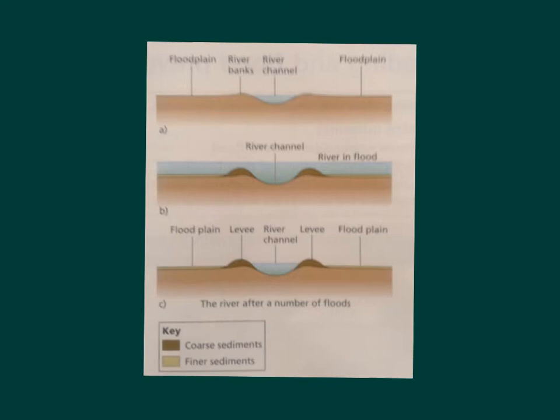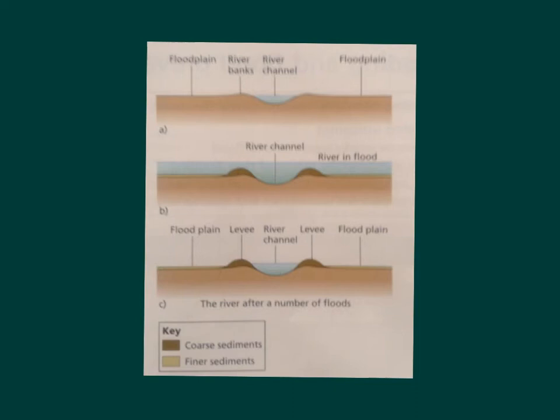In the Mississippi River, you've got levees built artificially, but they do actually form naturally. And you can see in this bottom picture, the sides of the river, because of these levees, actually become higher, which for future floods means the river doesn't flood out because it's kept in by higher sides of the river.